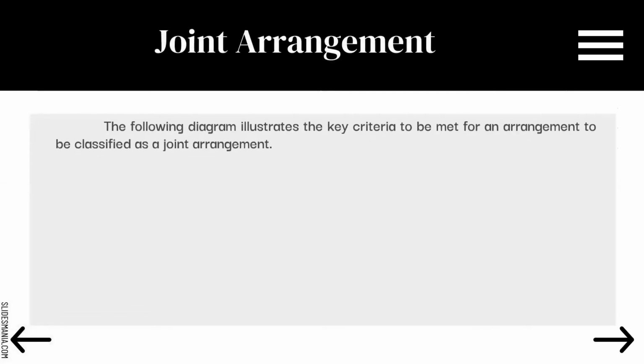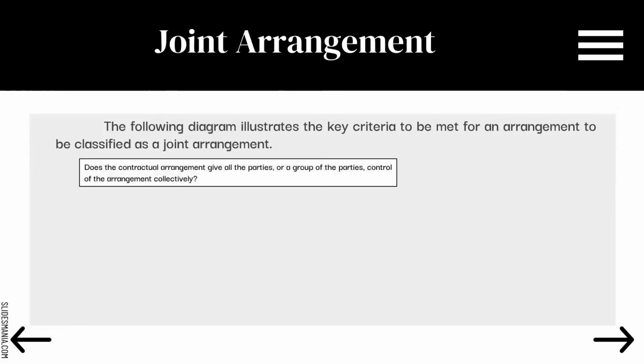So the following diagram illustrates the key criteria to be met for an arrangement to be classified as a joint arrangement. So para malaman mo kung within the scope of PFRS siya, PFRS 11 siya, tingnan natin. Does the contractual arrangement give all the parties or a group of the parties control of the arrangement collectively?